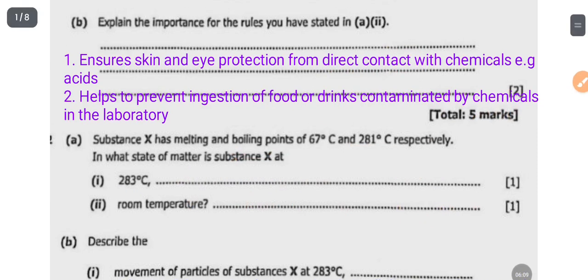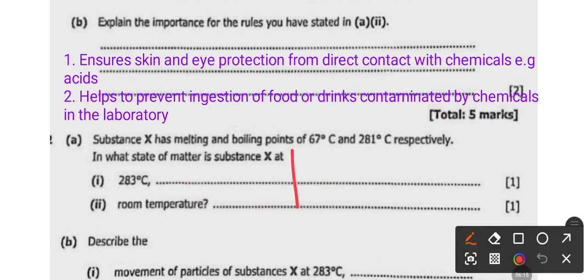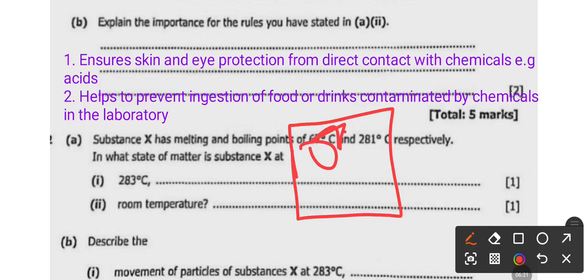Question B. Describe the movement of particles of substance X at 283 degrees Celsius. We have already put across here that at 283 degrees Celsius, substance X is in gaseous state. If we were to diagrammatically represent this, it would be something like this.